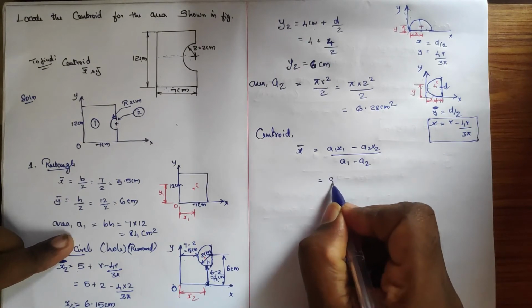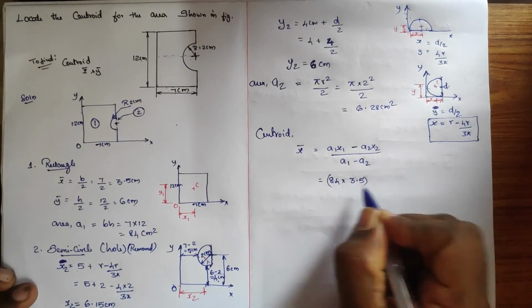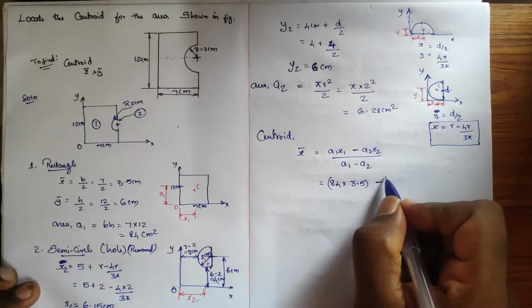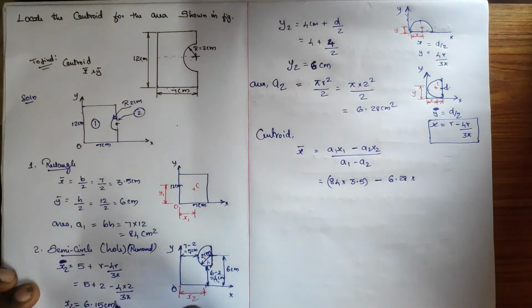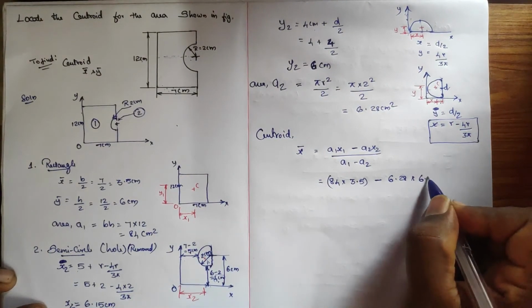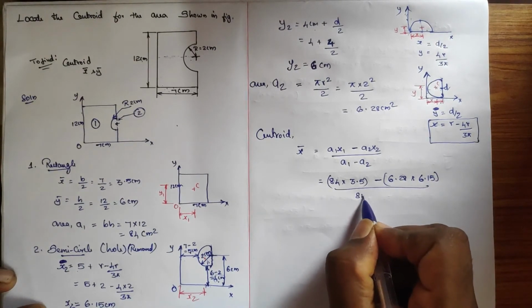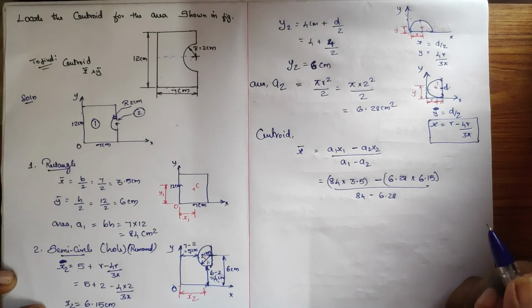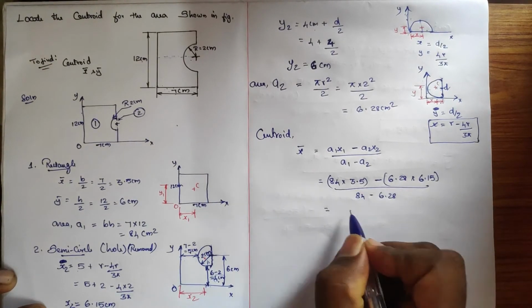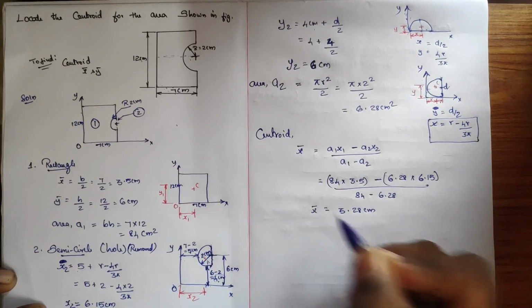The A1 is 84 into 3.5 minus A2, 6.28, into x2, which we got as 6.15, divided by 84 minus 6.28. I hope you will get 3.28 centimeter, which is x bar.